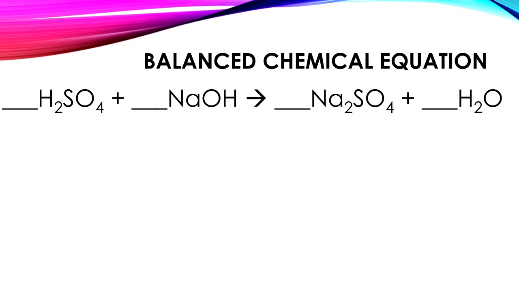And I'm just going to show this to you briefly. I'm going to quickly balance this equation, but in class we're going to spend much more time working on balancing chemical equations. So if you're not quite following this, don't worry about that because we're going to spend a lot more time in class balancing chemical equations.